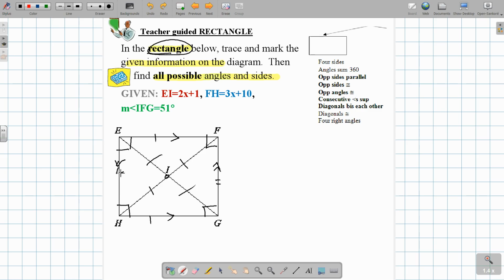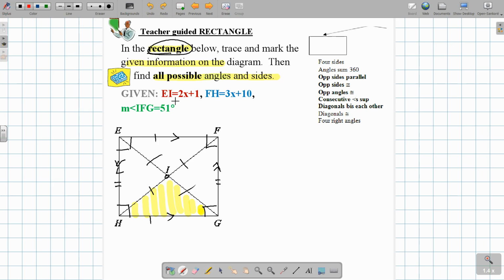Got parallel sides going on, I got congruent sides going on, I got right angle corners, and remember you also have an isosceles triangle, 4 of them technically.